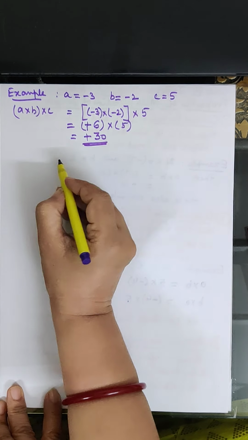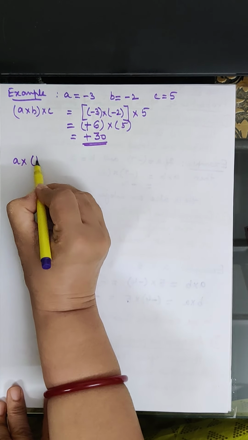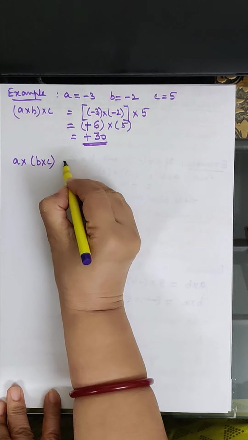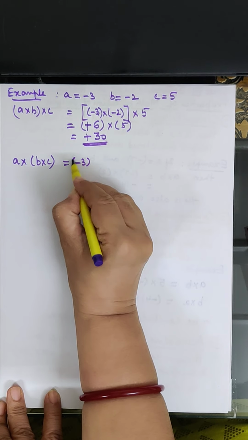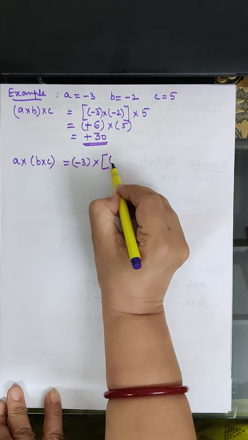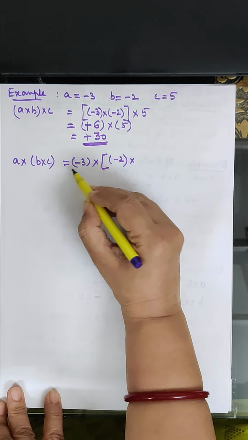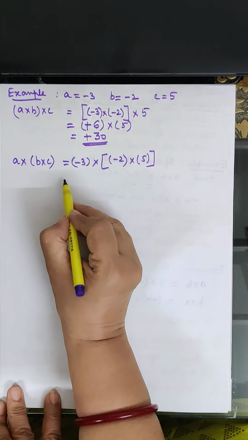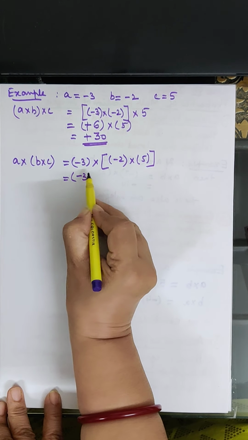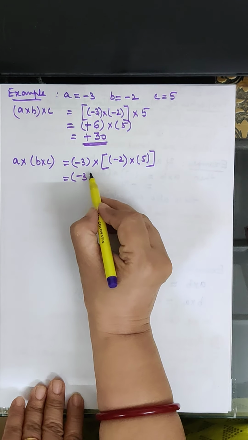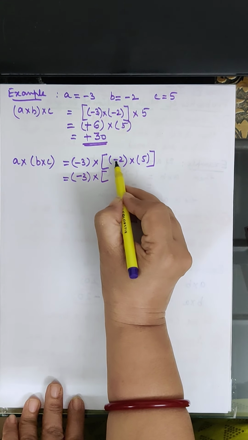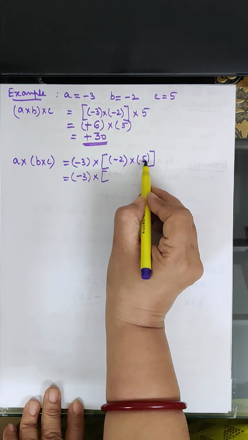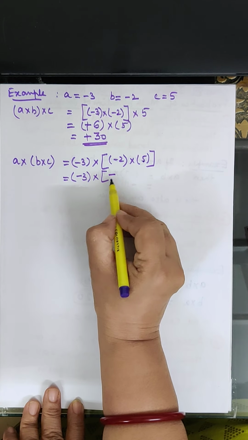All right. Now next we do A into (B into C). Okay. Now A is what? -3 into (B is what? -2. C is what? 5). Right. First always we solve the bracket. Bracket means the big square bracket we will first solve. Into, now here you see there is one negative integer and one positive integer. When we multiply one negative integer and one positive integer, the product is negative.